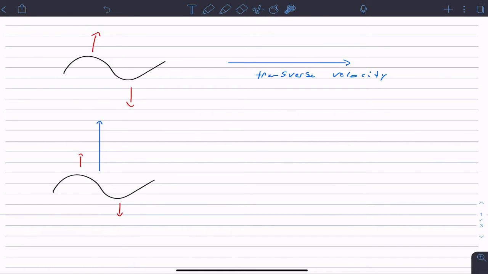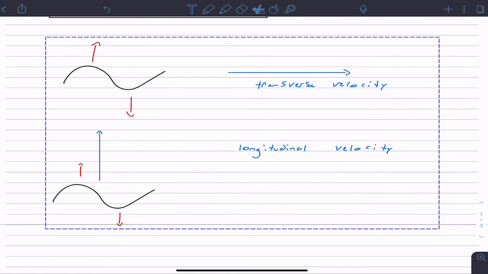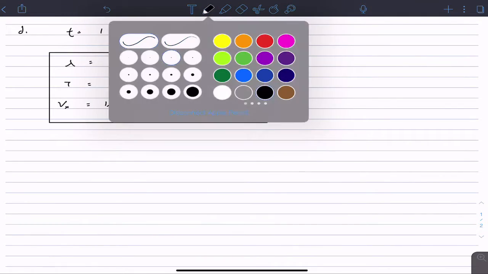This is longitudinal, so that would be the longitudinal velocity of the wave. Okay, so that's what we're talking about. We want to know the overall velocity of the wave as it travels down the rope. So let's get started on that.